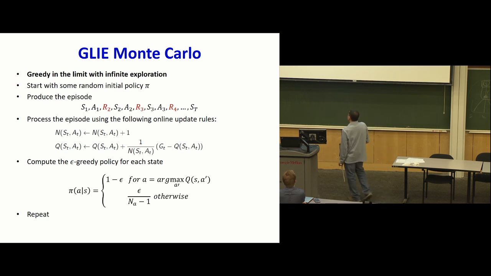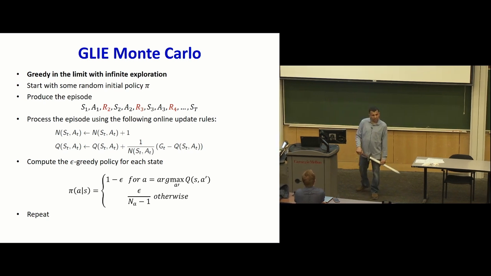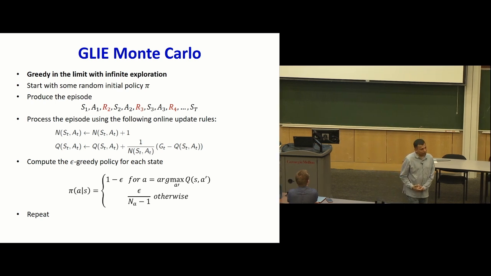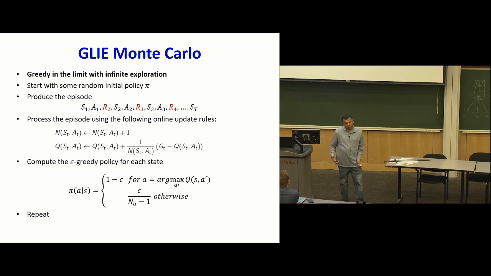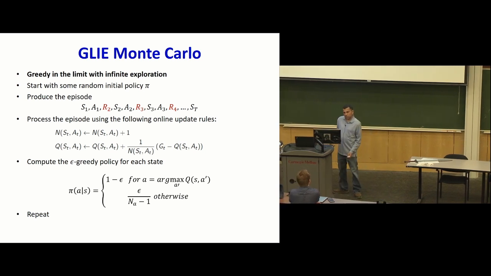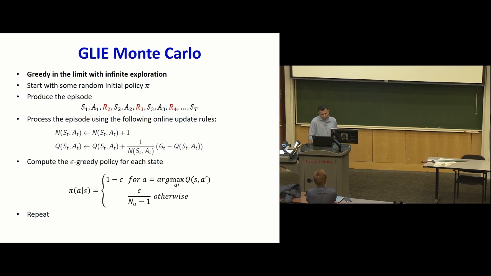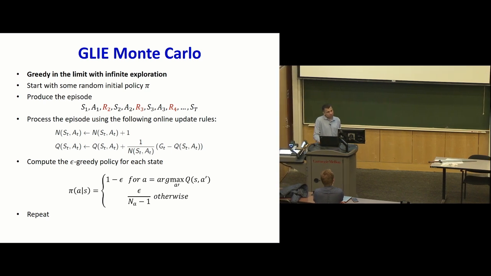And based on those, you came up with the epsilon greedy policy, where at each state the action that resulted in the largest value is taken with some probability 1 minus epsilon, where epsilon is a small number. But you also try other actions with some non-zero probabilities. So this was the GLIE Monte Carlo algorithm, and it's guaranteed over time, if you spend sufficient time, that this will eventually find the optimal policy.